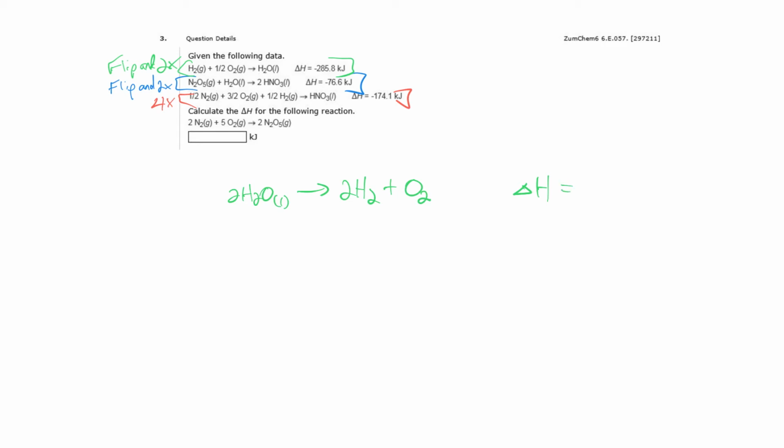So if it was negative, make it positive, and double the magnitude. So a negative 285.6 becomes a positive 571.6. I'm sorry, this is negative 285.8 becomes a positive 571.6.